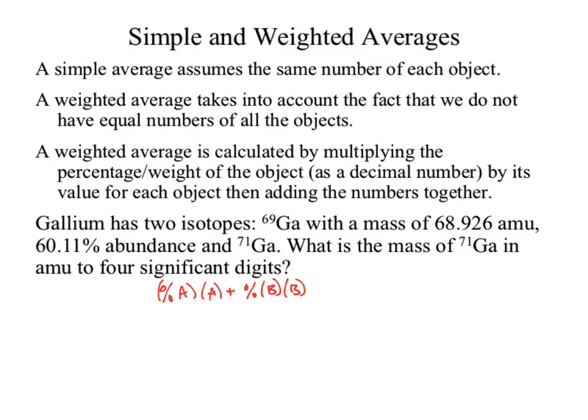There's only 2 isotopes, which means there's only 2 things I have to add with each other. I don't know why I put that other parentheses in there, so let's fix that. What must this equal? 100. Careful. 169. The average.